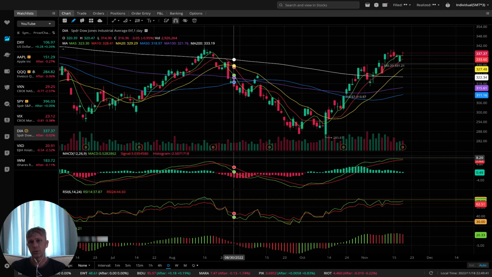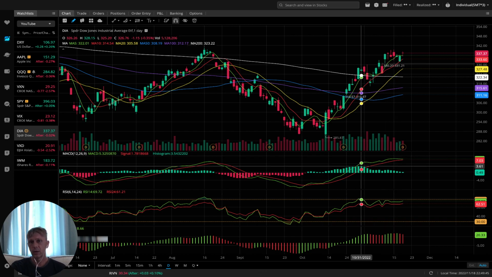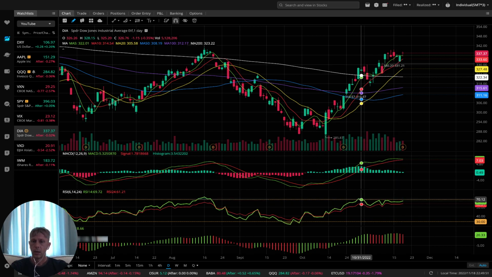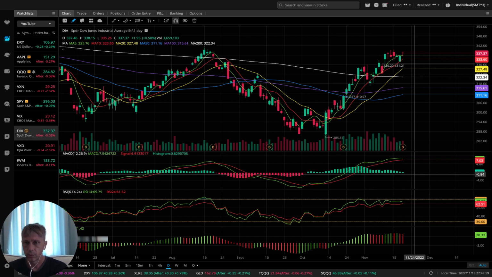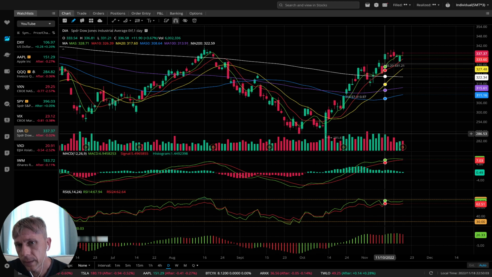No bullish divergence, no bearish divergence on MACD lines, but we have bearish divergence on histogram. We have bearish divergence on RSI. On RSI also. Only two. Okay, MACD ready to do bearish crossover. Look at that.